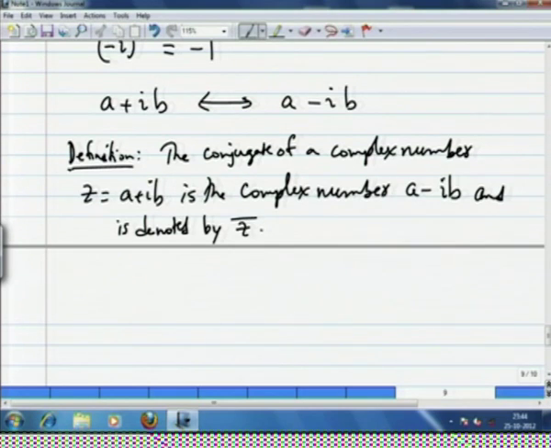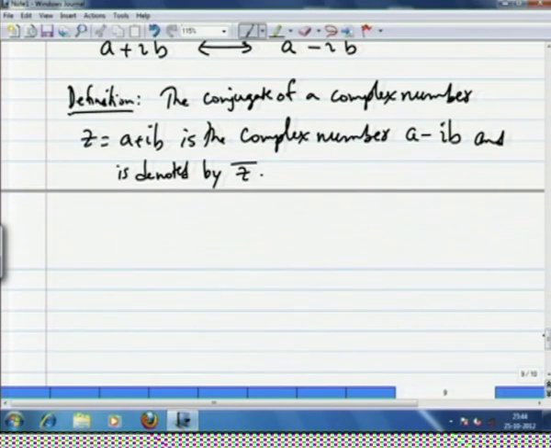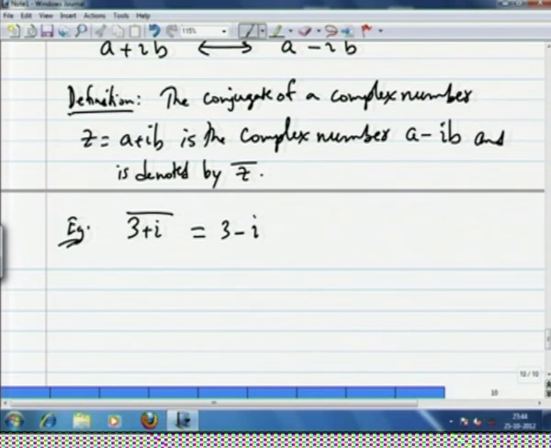So, given a complex number z, z bar stands for the conjugate of the complex number. And given a complex number, all you have to do to find its conjugate is just reverse the sign on the imaginary part.